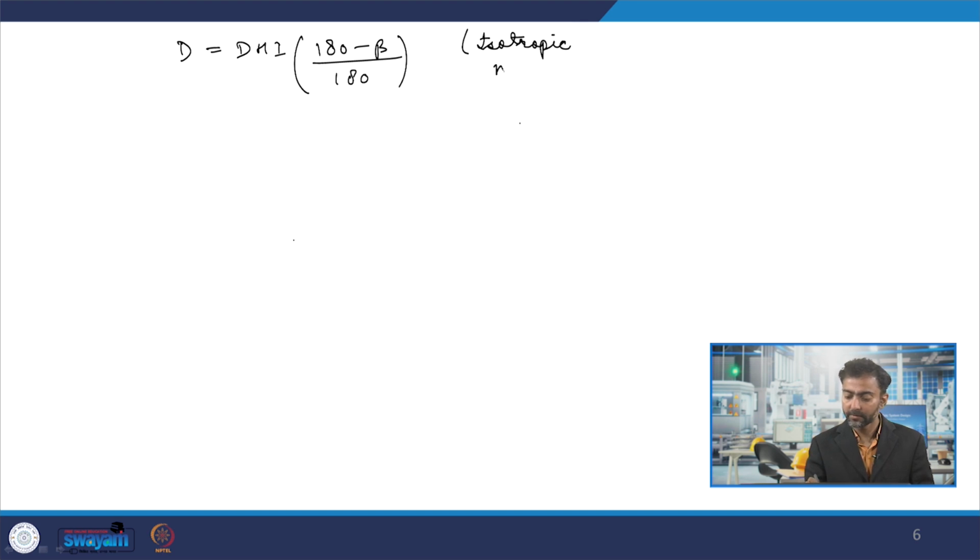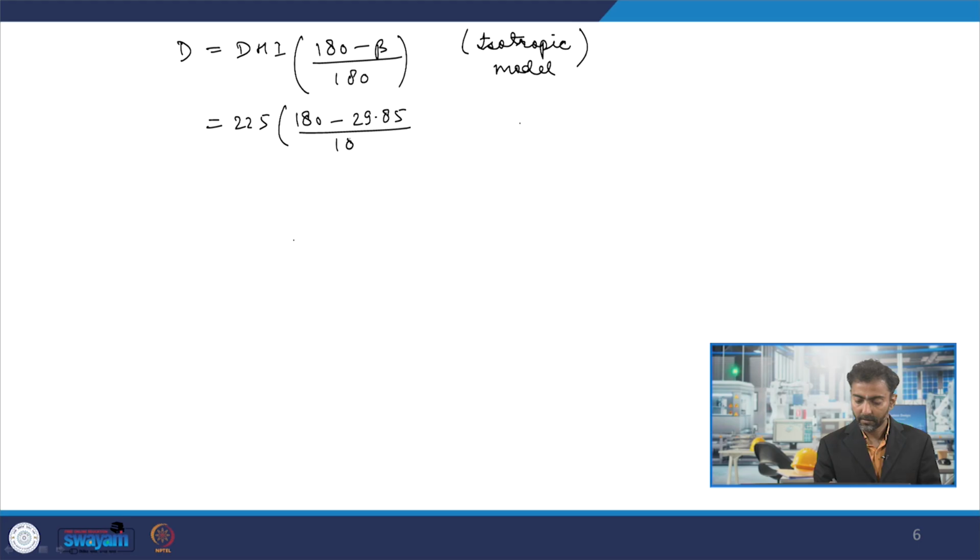We are assuming a simplifying assumption, we are assuming the diffused radiation to be coming equally from all the directions of the sky. So, in this problem we have DHI as 225, 180 minus beta is 29.85 degrees divided by 180. So, diffused radiation comes out to be 187.69 watt per meter square at this instant.